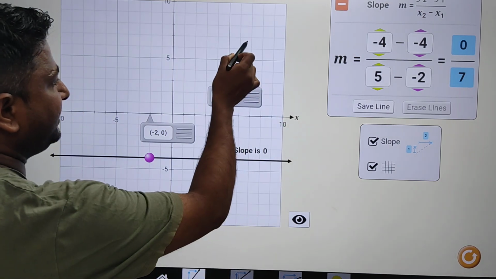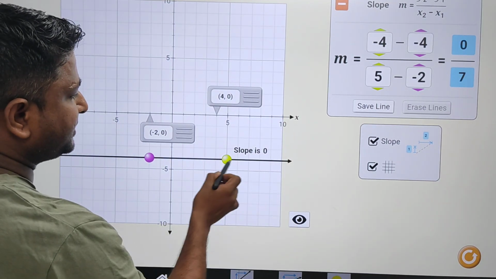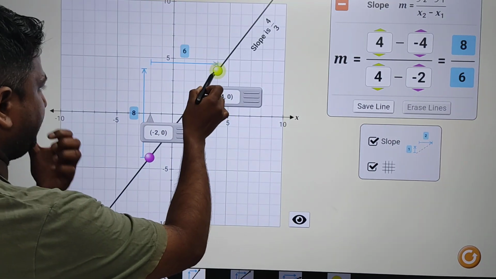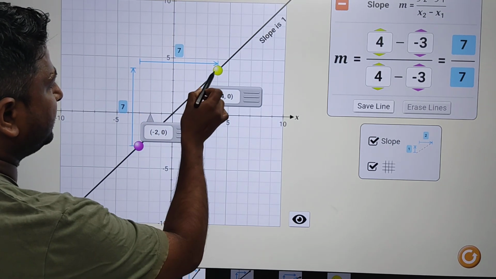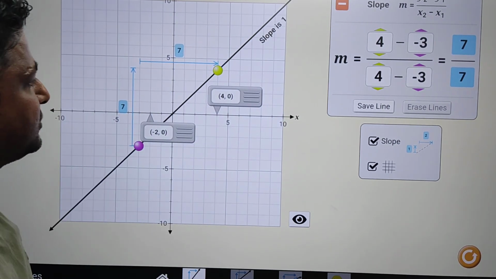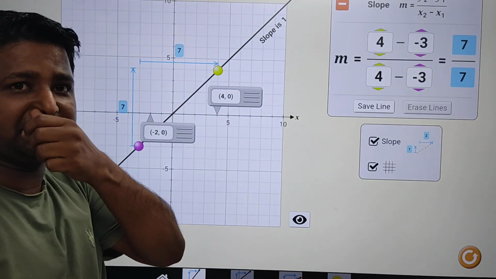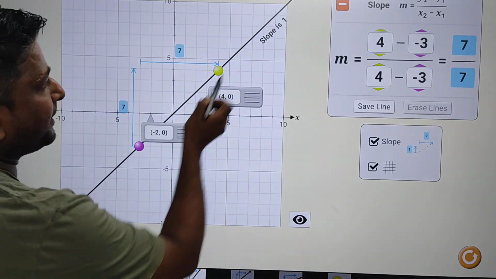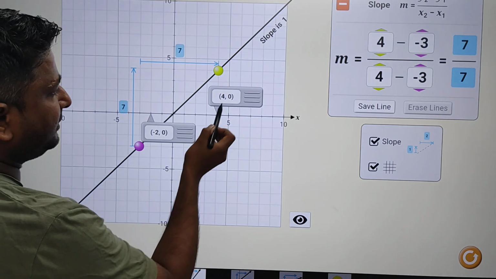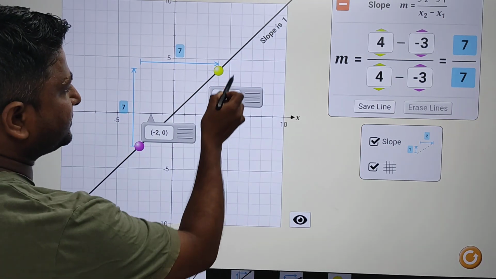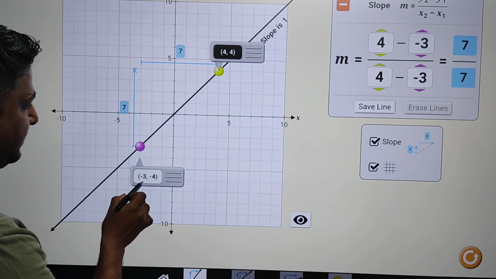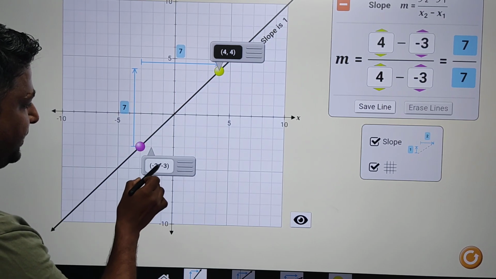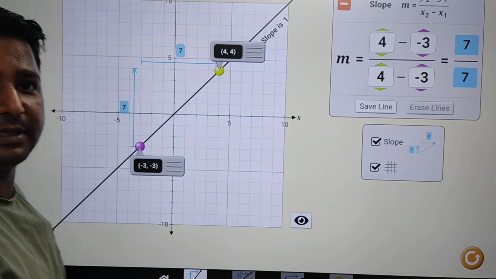Now let me change the line itself. Let me try to make this line passing through the origin. Now can you see that the line is passing through the origin, and now this point, let me change this point. Now this is the point (4, 4), and this point is (-3, -3), right?